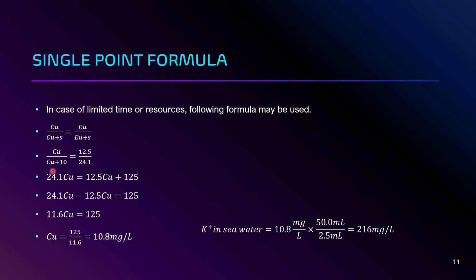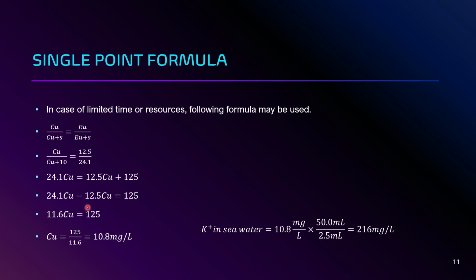Okay, the emission intensity of the flask containing 10 ppm of your standard was 24.1%. You can go back and check that. I have put it in the table. Now if you cross multiply it and solve it for Cu, you get a value of 10.8 milligram per liter.